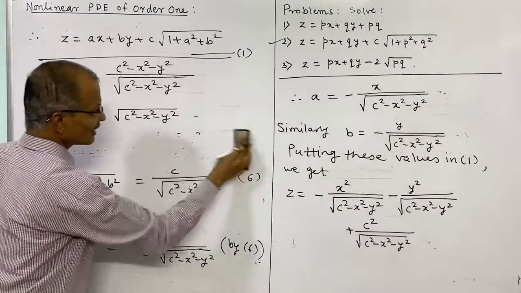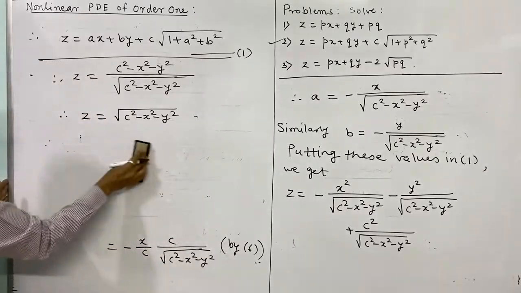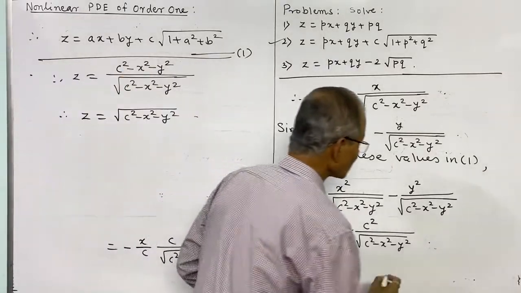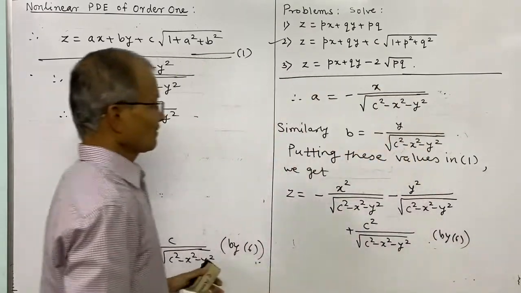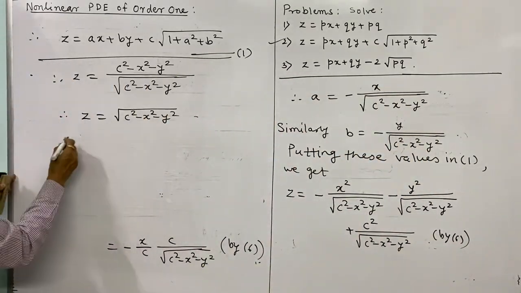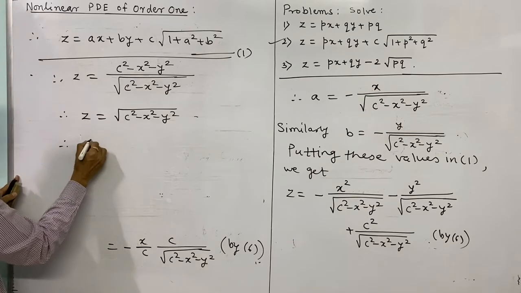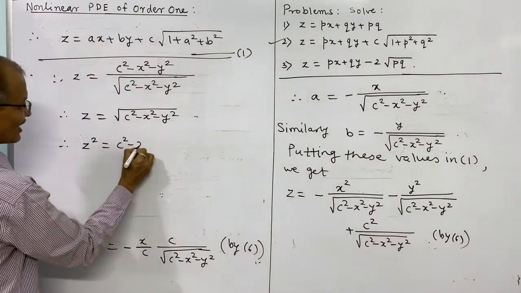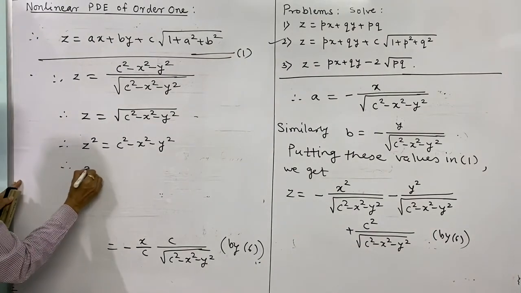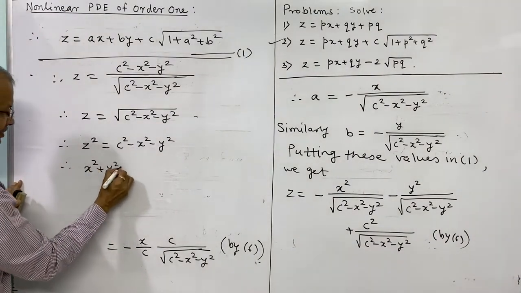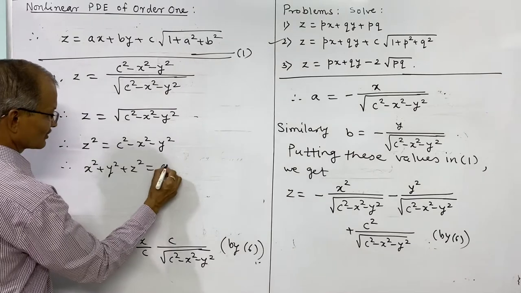And to eliminate the root, here using 6 and squaring, what we should get, z square is equal to c square minus x square minus y square, or that is x square plus y square plus z square is equal to c square.